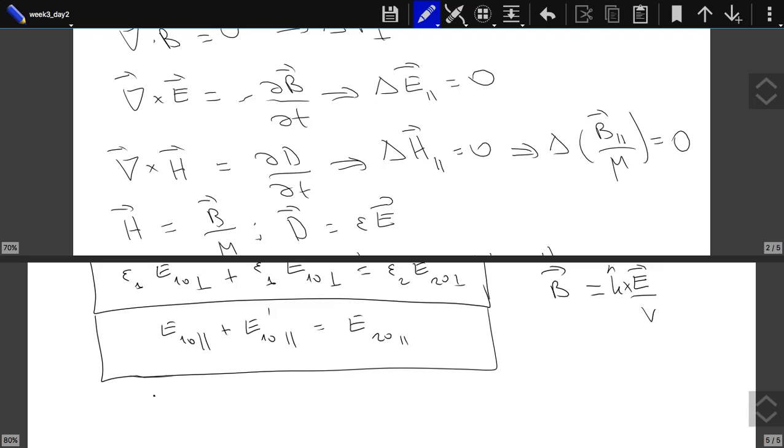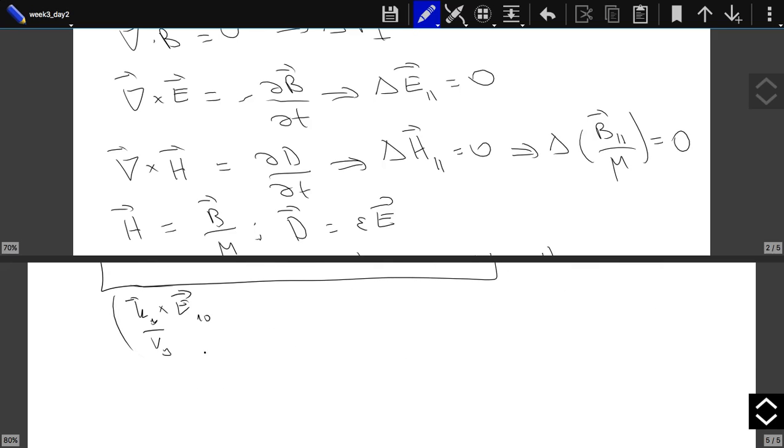So the last condition we have: K1 cross E10 vector divided by V1, the parallel component. Anyway, let me write it in this form for the time being, plus K1 prime cross E20 divided by V1.